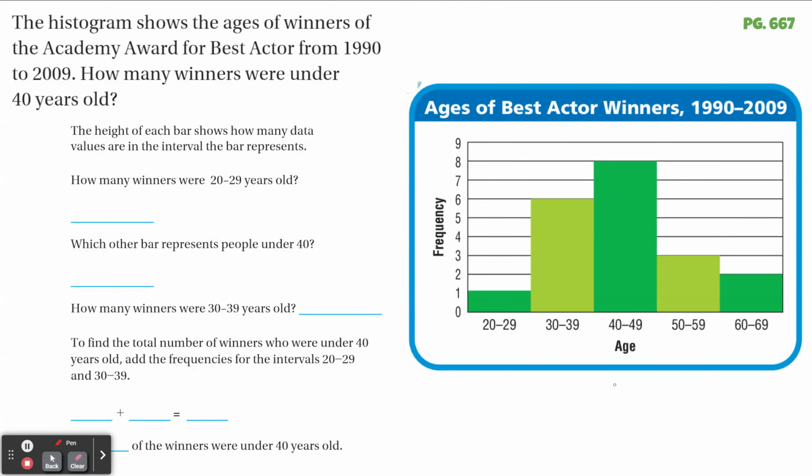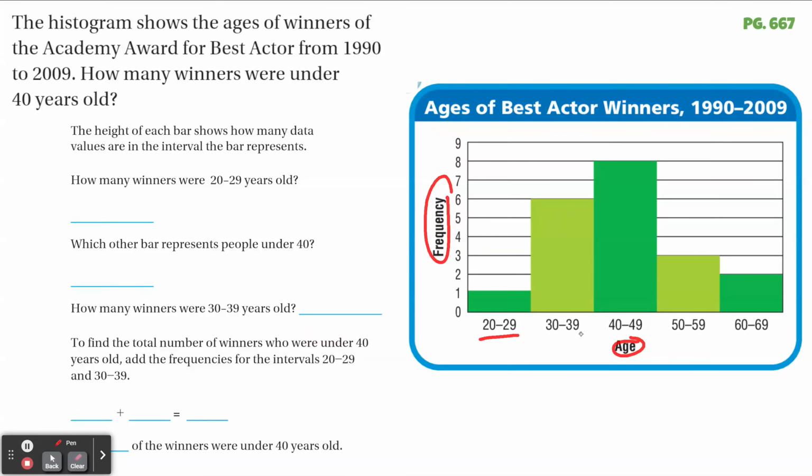So if we look over here to the right, you can see our histogram. Our y-axis shows us the frequency. So all of these are how many data points would be in each interval. And then our x-axis has the age of the winners, and we have our intervals.